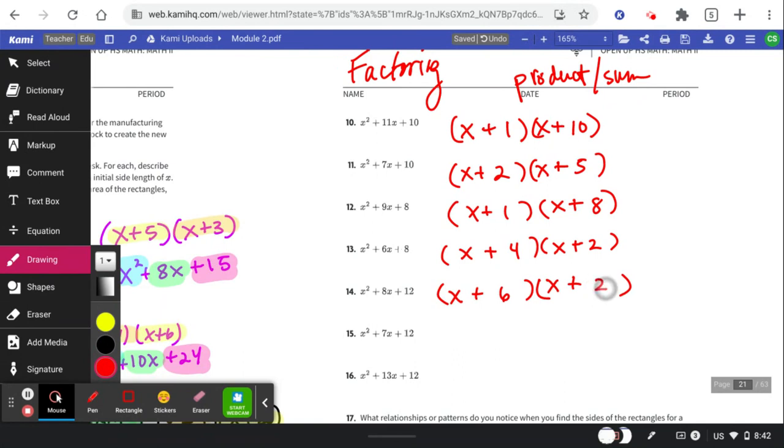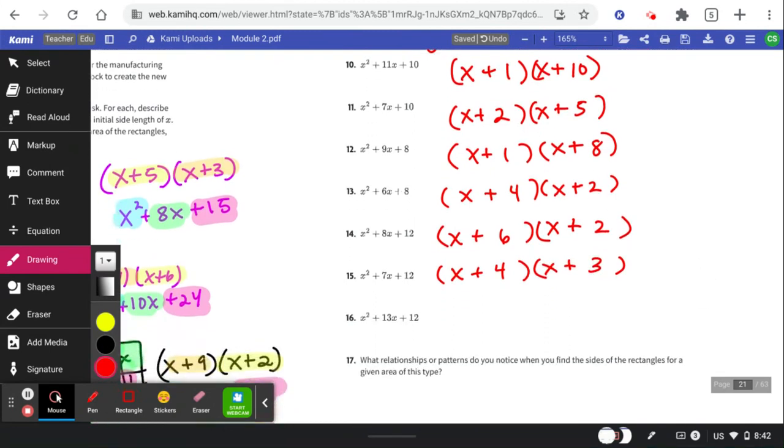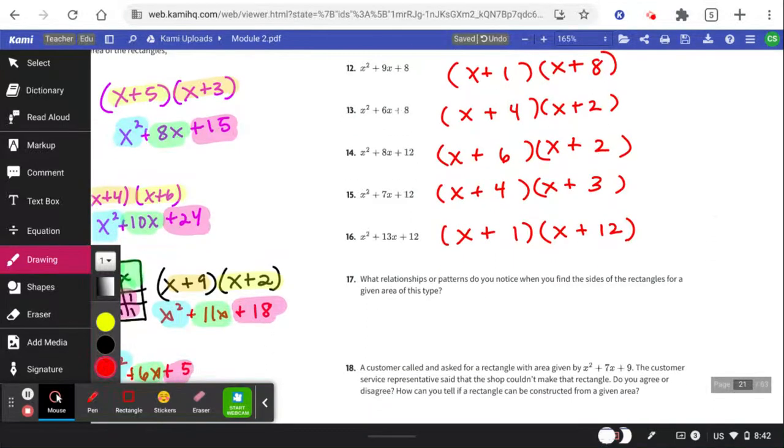You got it. 6 times 2 makes 12, and 6 plus 2 equals 8. What times what multiplies to give me 12 and adds up to 7? 4 times 3 is 12, and 4 plus 3 is 7. What times what multiplies to 12 and adds up to 13? There's my 1 times 12 makes 12, and 1 plus 12 equals 13.